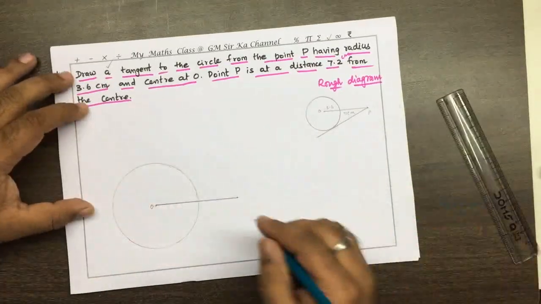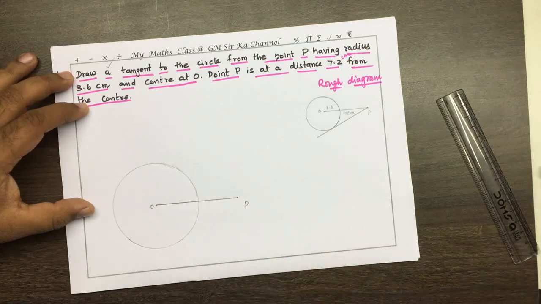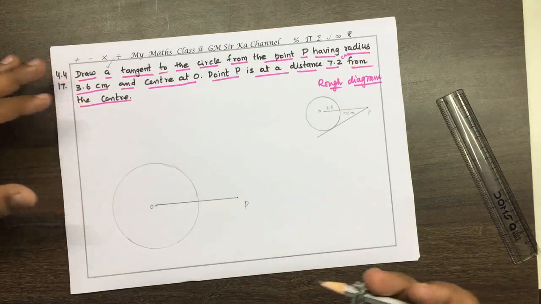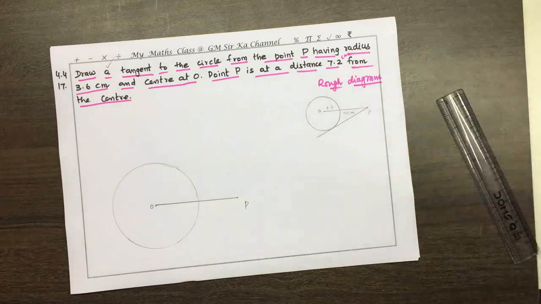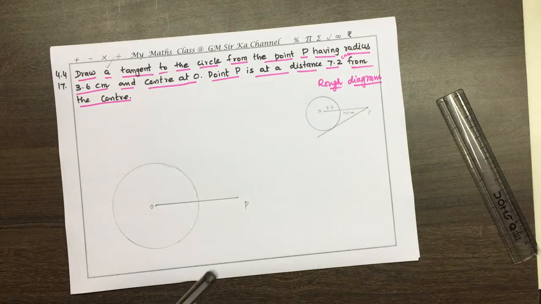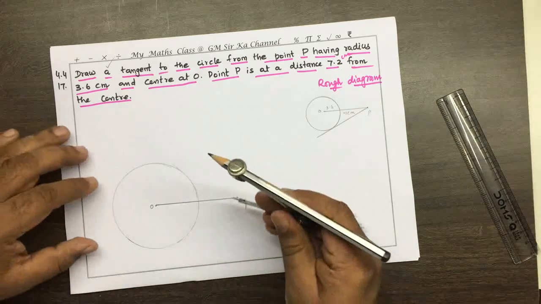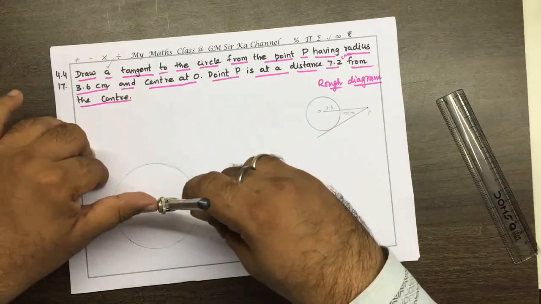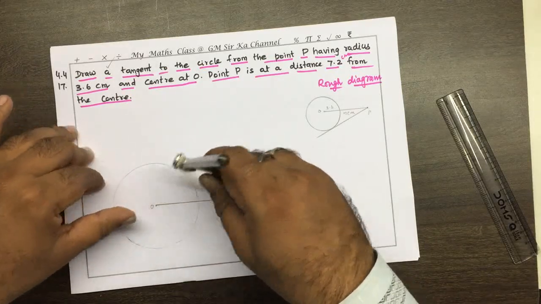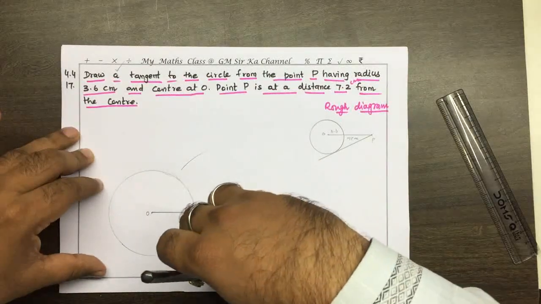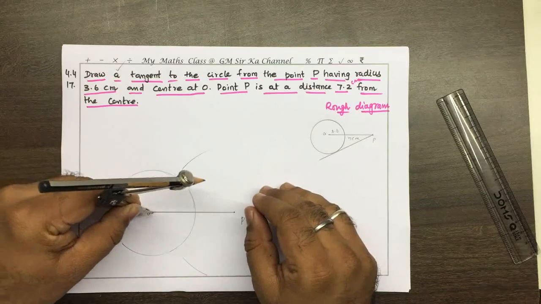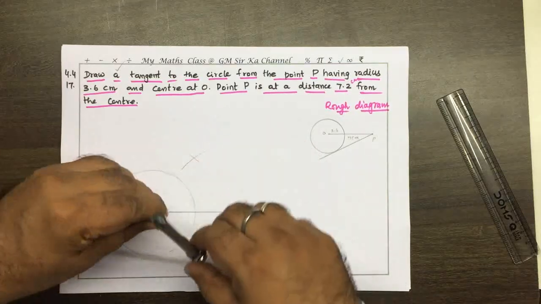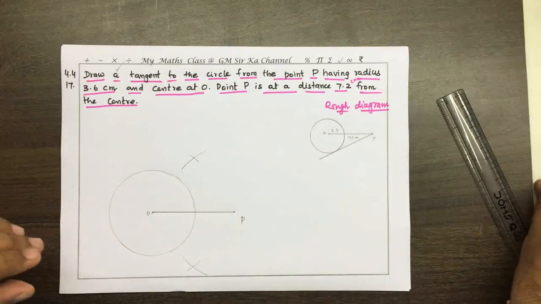This is the point P. In the compass, we have to take more than half of the OP to draw the perpendicular bisector, with arcs below and above the OP, to get the midpoint of OP.